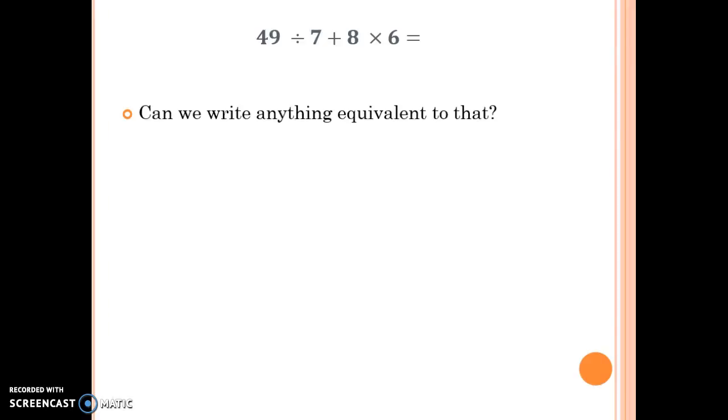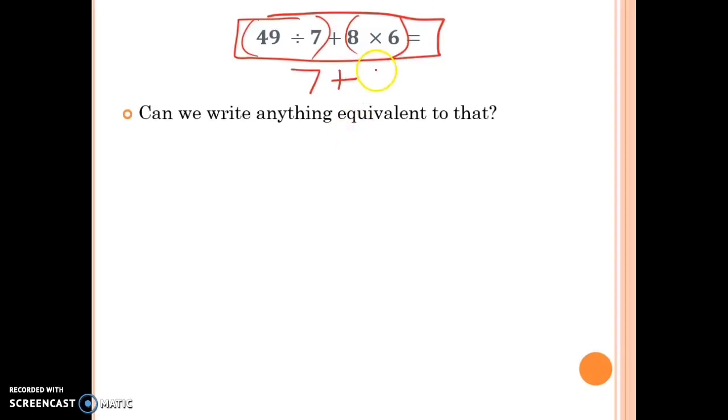Okay. Can we write equivalent statements to statements given? So looking at something like this, how could we recognize something that is equivalent to that? Easiest way is to simplify using PEMDAS. 49 divided by 7 is 7. 8 multiplied by 6 is 48.